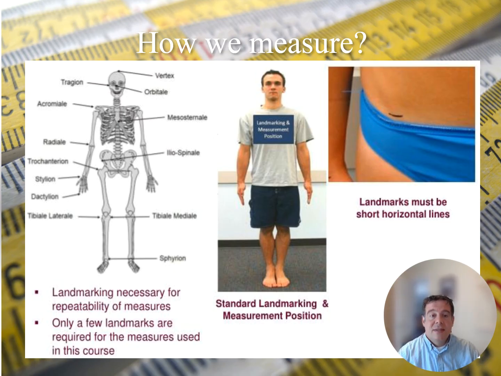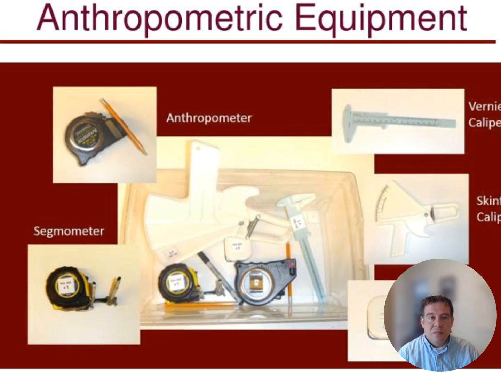Even though there is some consensus with the military, when you go through it, some of them are pretty vague, and there are lots of other organizations that have guidelines on how they take these measurements. So unfortunately it's not very standardized. That's why we usually use the military, because they have more of a consensus of what they're doing, even if some of them are not as detailed as we'd like.